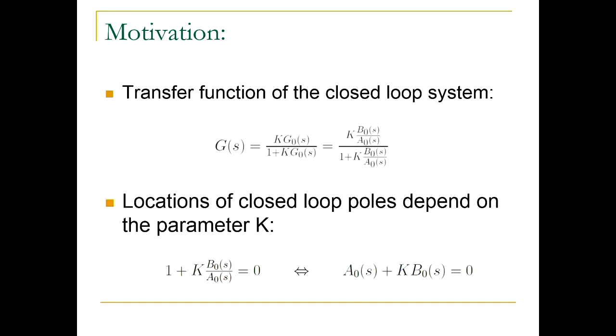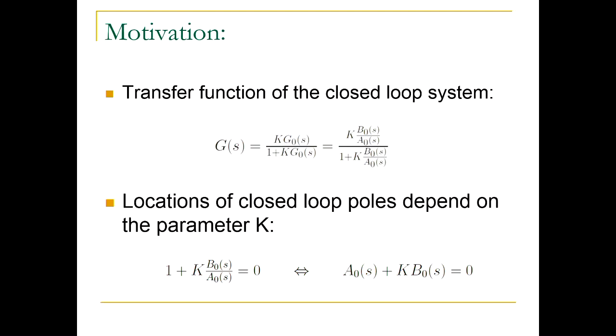All right. So note that if we look at things in more detail, the transfer function of the closed loop is given by this formula. We saw this in algebra of block diagrams. Note that k is the controller transfer function and G0 is the plant transfer function. Now, how do we find poles of this closed loop transfer function G? Well, we need to look at roots of 1 plus k B0 over A0.